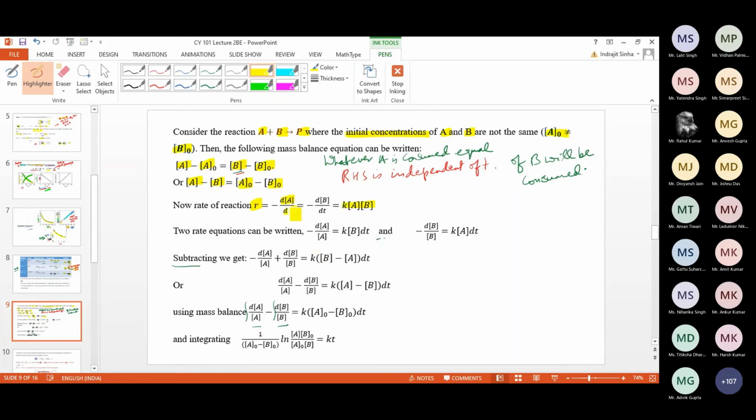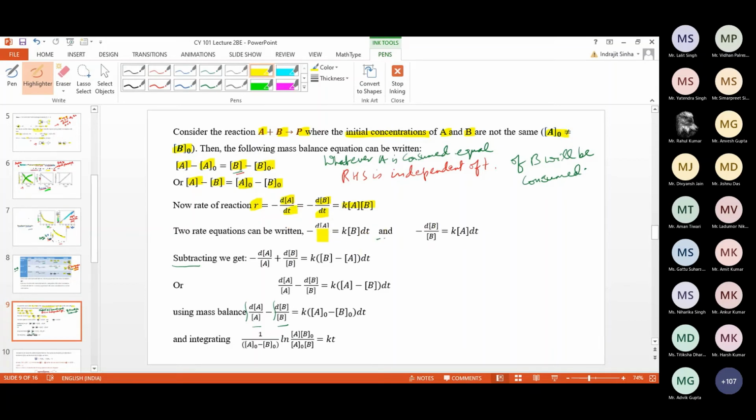Therefore, you can write dA by dt is equal to K A raised to the power 1 and B raised to the power 1, right? And similarly for B, the derivative for the second reactant B. Now, therefore, you have two rate equations, because dA by dt and dB by dt.